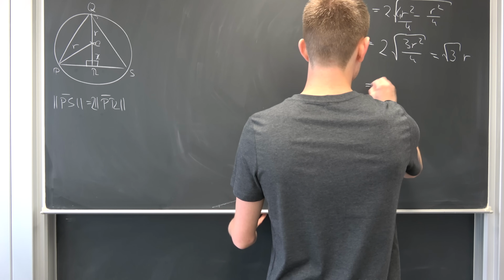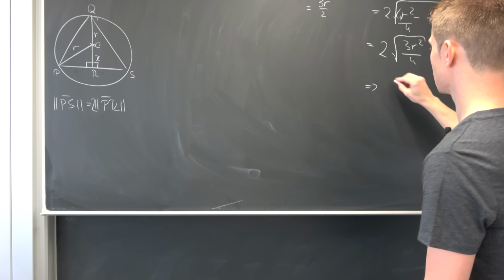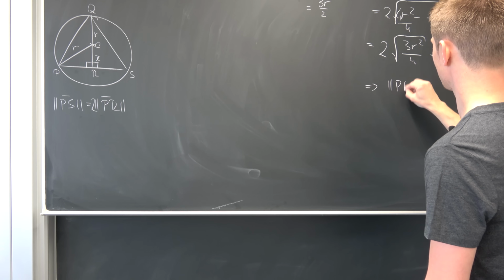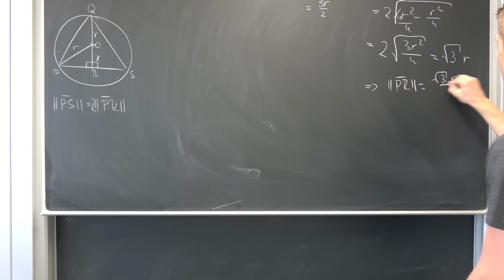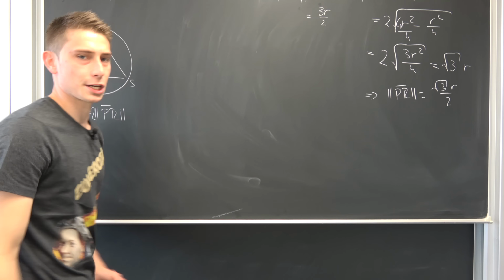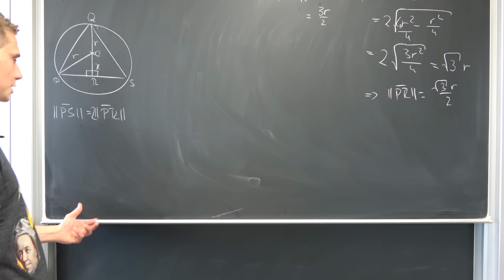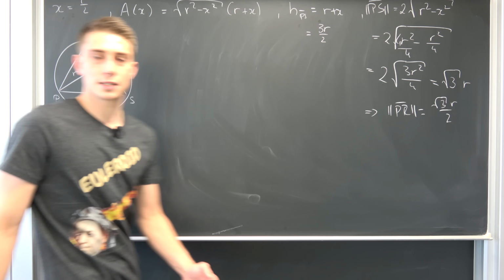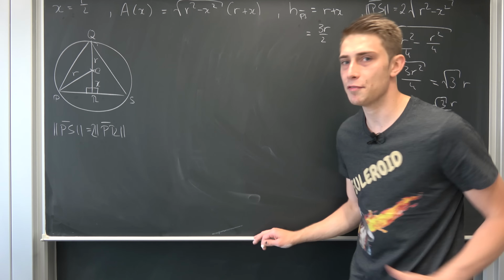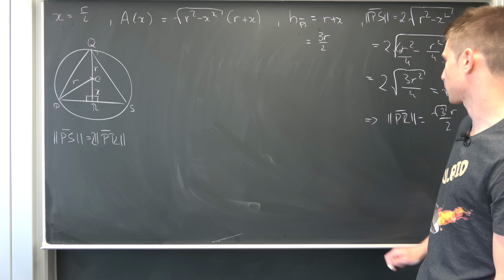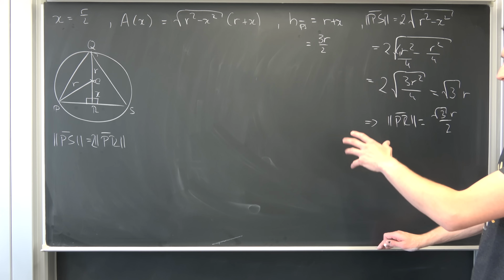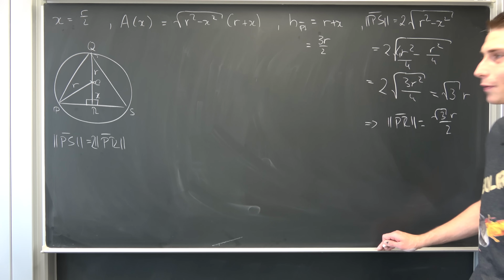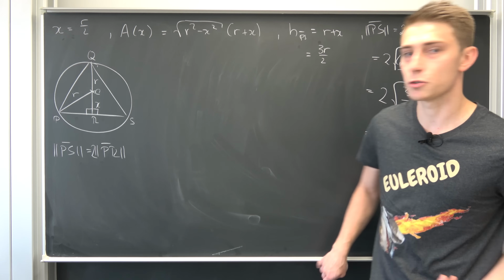So let's put it here once again. So our side length PR is nothing but square root of 3 r over 2. And now we can just use Papa Pythagoras right here. Like you can see, I have to think heavily about all of this, because once again I'm doing this all improvised. Yeah, just like with every video. So let's use Papa Pythagoras.